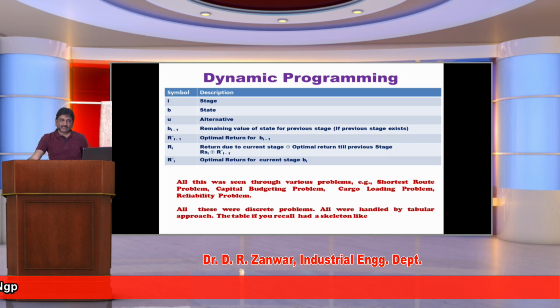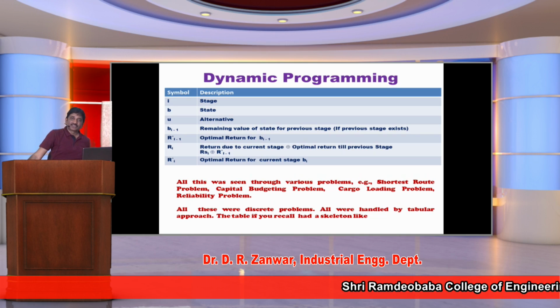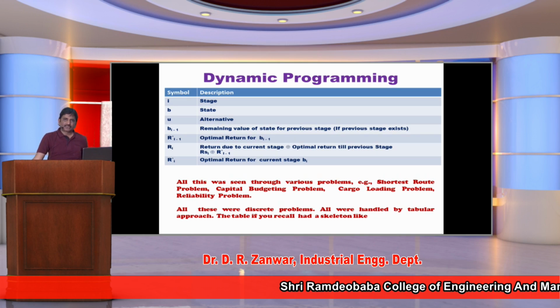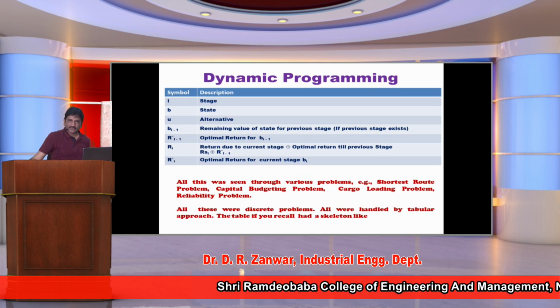In our earlier lectures we have seen the shortest route problem. In fact, we used the shortest route problem to understand the concept of dynamic programming. It's a very natural idea of optimization.